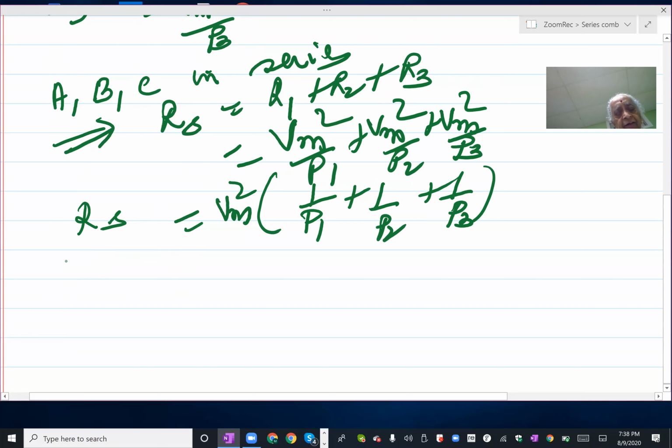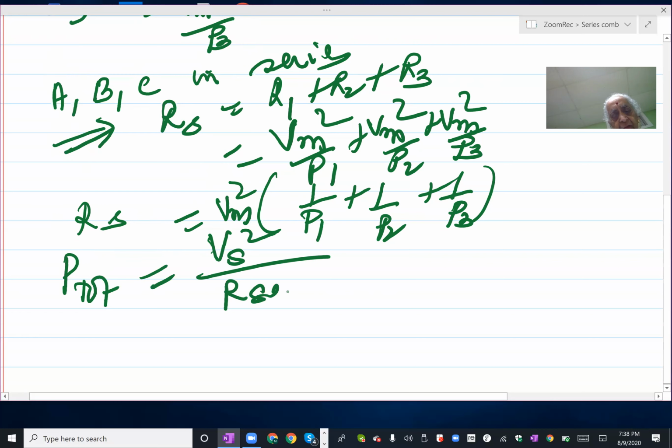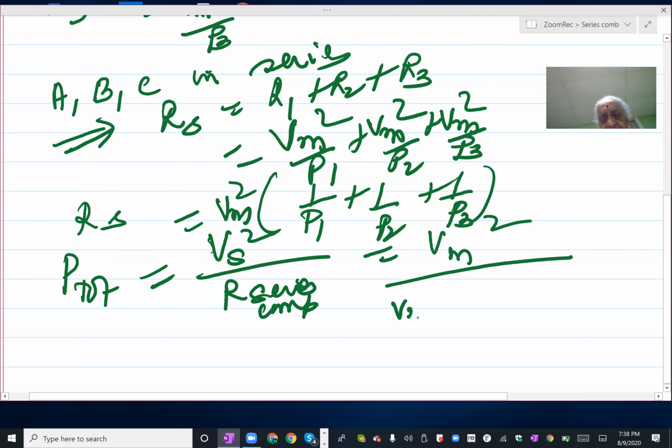Now, power of the series combination, power total or power effective, will be equal to Vs squared divided by R of the series combination. That will be, Vs is equal to Vm for simplicity, Vm squared by Vm squared into 1 by P1 plus 1 by P2 plus 1 by P3.